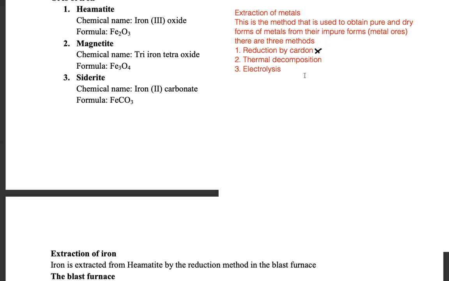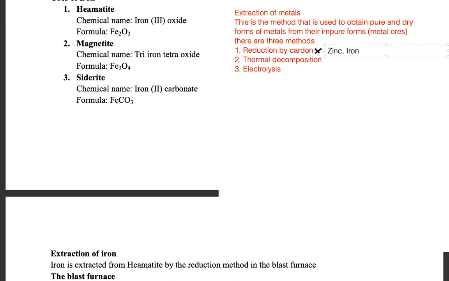And for reduction by carbon, there are just two metals in our syllabus that we can extract using that method. The first one is zinc. Zinc can be extracted by that method. The other one is iron.